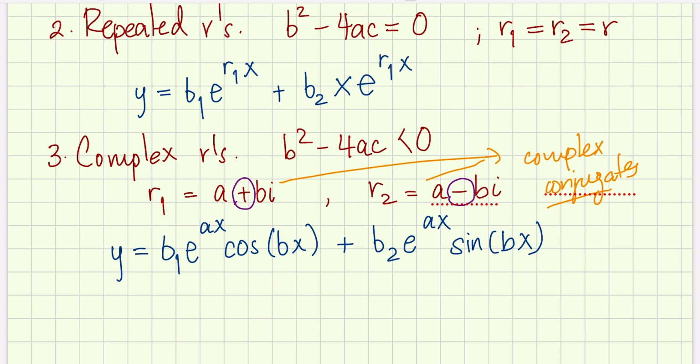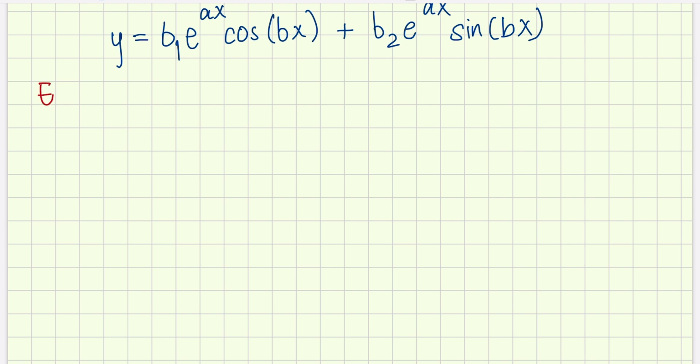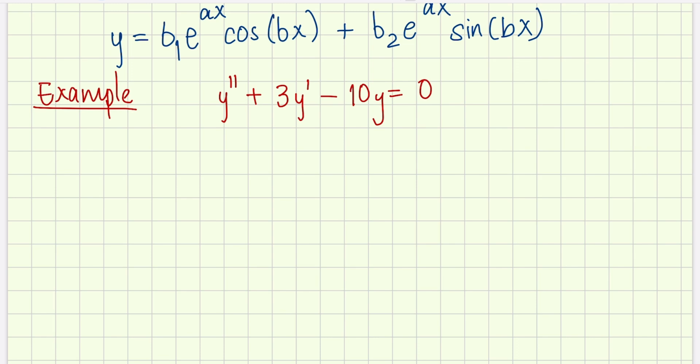Let me show you some examples of applying these formulas. So suppose you have y double prime plus 3y prime minus 10y is equal to 0. The first thing is using our characteristic equation, which was ar squared plus br plus c equals 0.